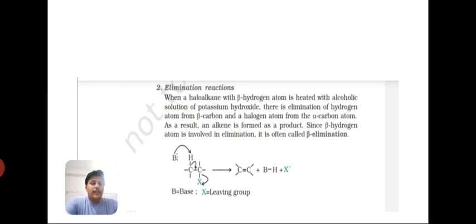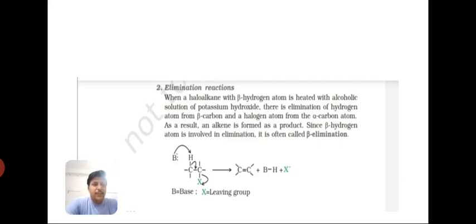Students, in class 12, especially in this chapter, we discuss a type of elimination reaction. Depending upon the position of the constituent relative to the carbon, the elimination reaction is classified into alpha, beta and gamma type.